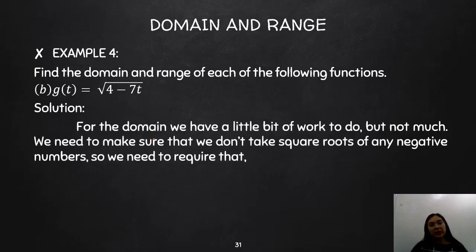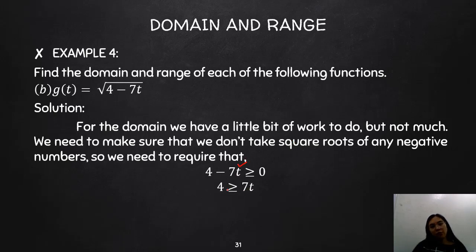So, for the domain, we have a little bit of work to do, but not much, okay? We need to make sure that we don't take any square roots of a negative number, so we need to require that 4 minus 7t is greater than or equal to 0. Kasi bawal nga po siya sa negative numbers. And then, from here, we just solve for t. So, solve lang natin ito.